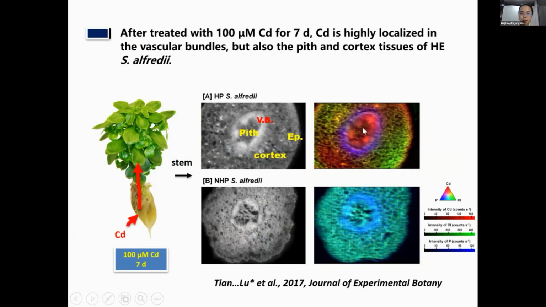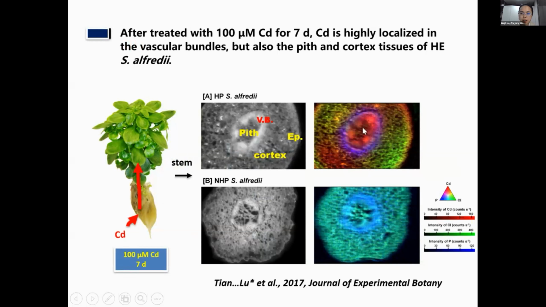So the next job we did was to investigate the interactions of cadmium with calcium pathways, and we also found that under calcium deficiency stress, the plants take up and translocate much higher cadmium to their shoots.